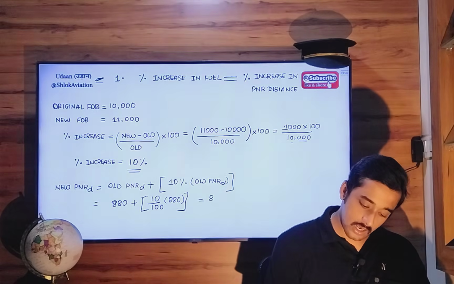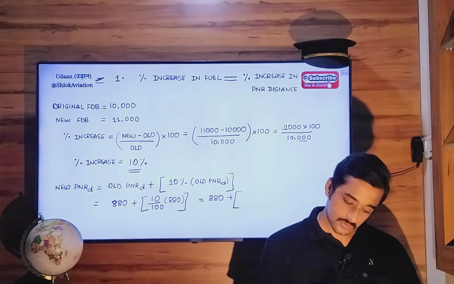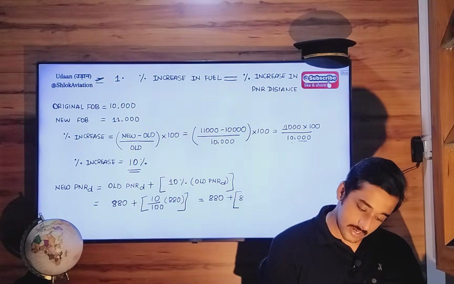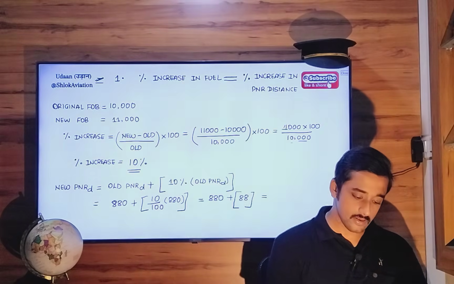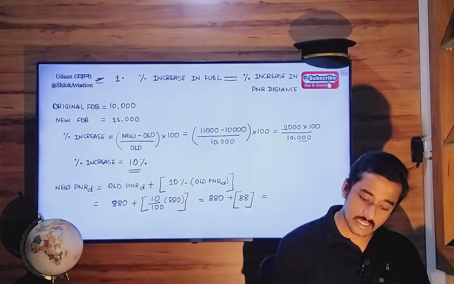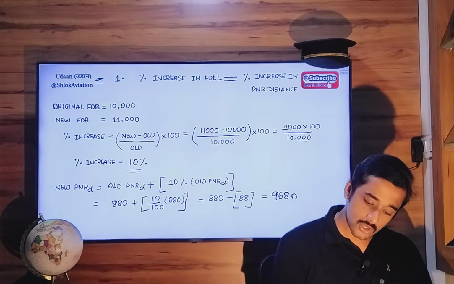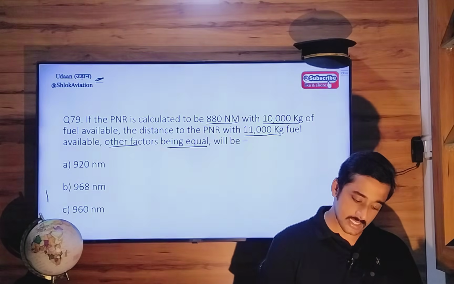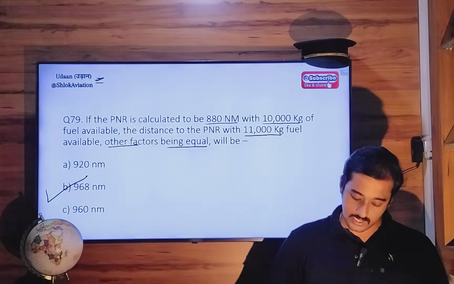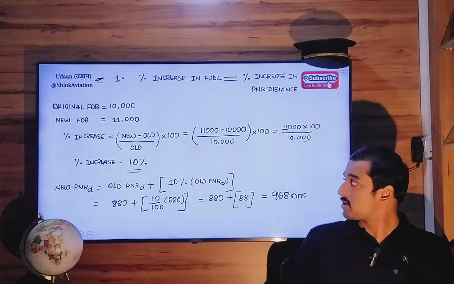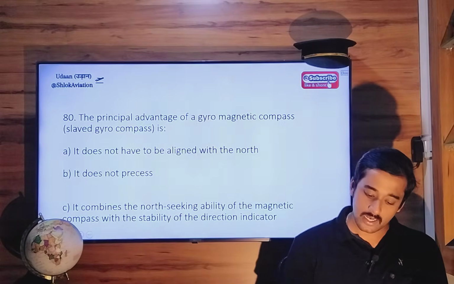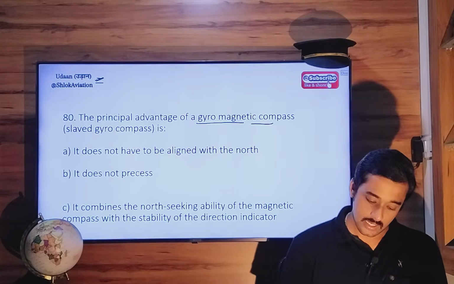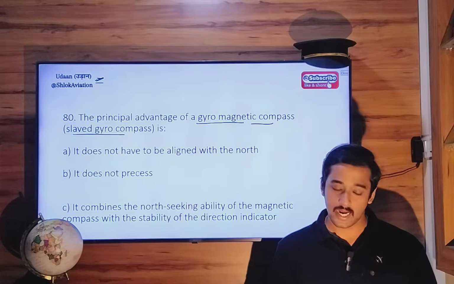So 880 plus 88 is 968. So new distance PNR is 968 nautical miles. Simple.